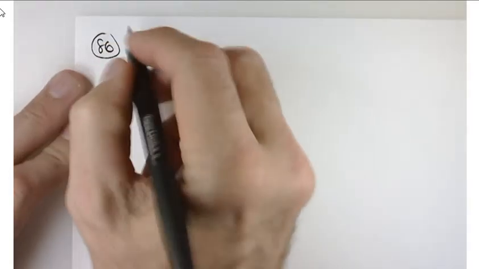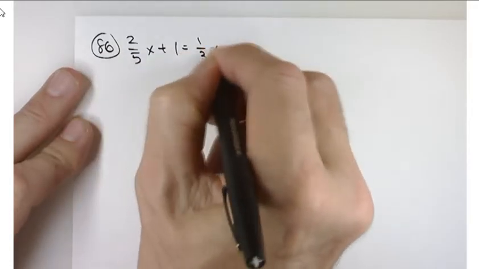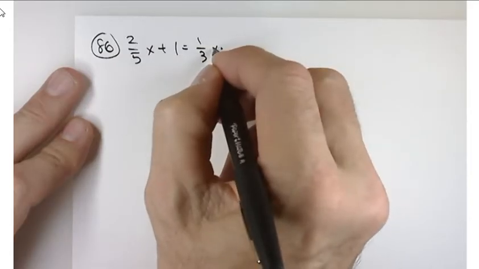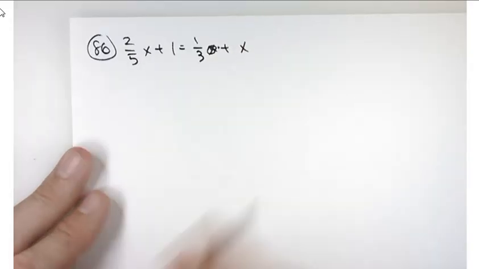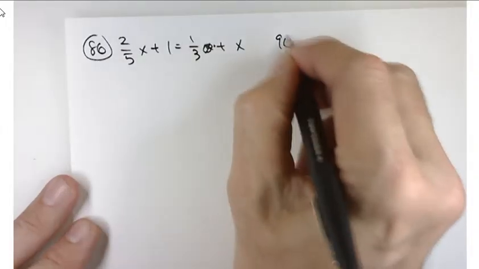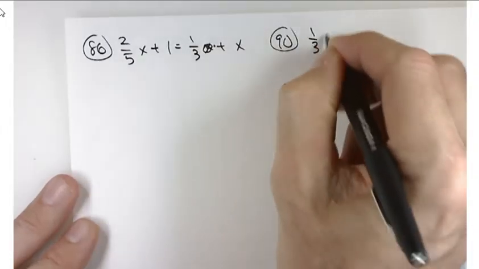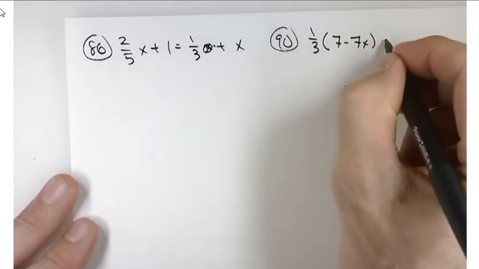Let me give you one to try. Problem number, I'll give you a choice, 86 or 90. 86 is 2/5 x plus 1 equals 1/3 plus x. 90 looks like this: 1/3 times 7 minus 7x equals negative 21.